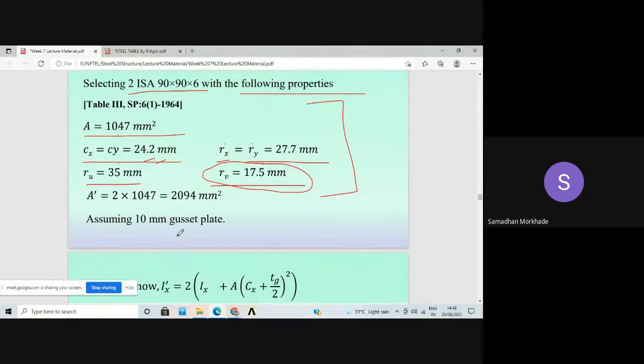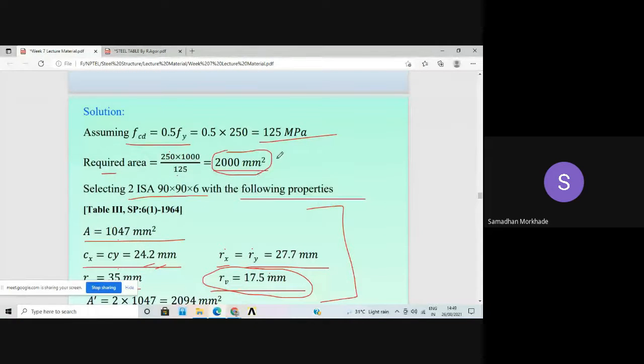Now just calculate the properties for the double angle sections. This A dash means for the double angle. A dash is equal to 2 into 1047, 2094. See, 2094 is the area provided, and the required area is 2000, so the area provided is slightly more than the area required.